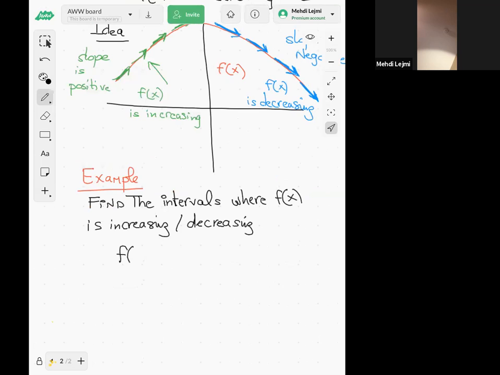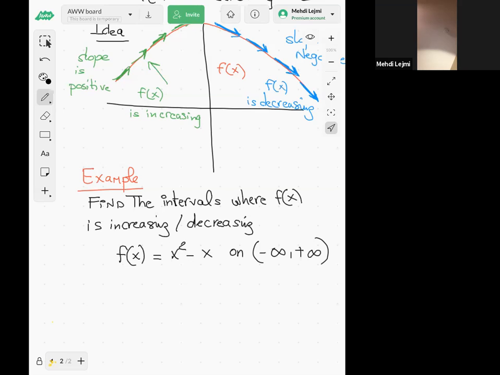Let's say f of x is equal to x squared minus x on the whole number line, so on the interval negative infinity to positive infinity. You want to find the intervals where the function is increasing and decreasing. So we have to study the sign of the derivative: we have to determine when the derivative is positive and when it is negative.